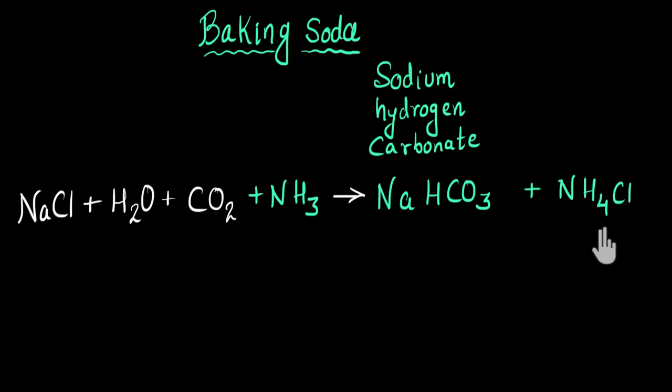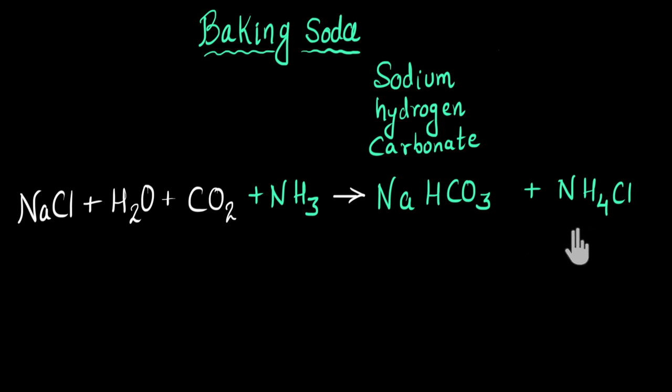So to make baking soda, I need 4 ingredients: sodium chloride, water, carbon dioxide, and ammonia. Don't forget this one. I usually forget this one. Don't make this mistake. So we need 4 reactants and then I'll get baking soda or sodium hydrogen carbonate. And along with this, one more product is getting formed, ammonium chloride.